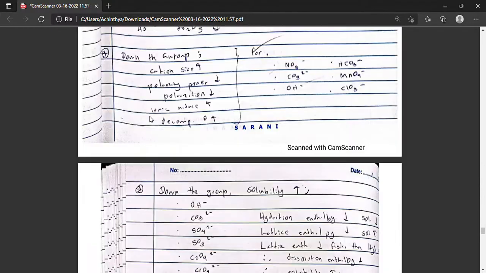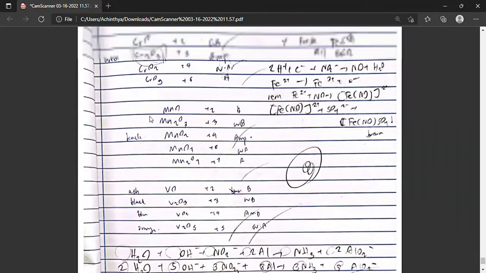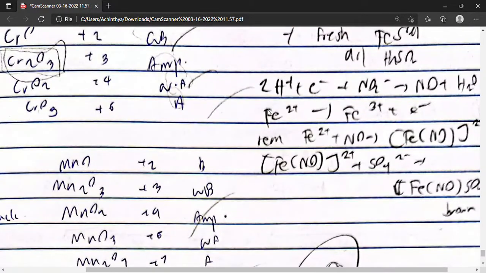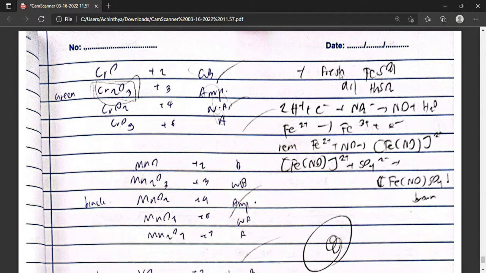Now we get to the last nitty-gritty parts. This is the brown ring test. To the solution containing nitrate or nitrite ion solution, we add fresh ferrous sulfate and dilute hydrochloric acid accordingly. Then this reaction happens where 2H+ reacts with an electron to form NO2-.